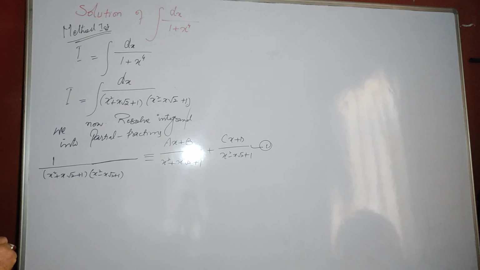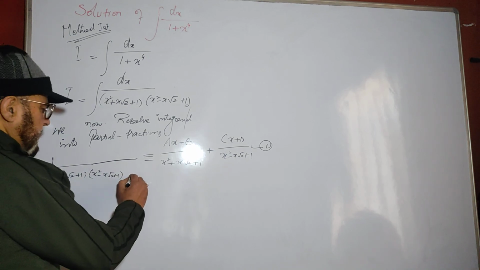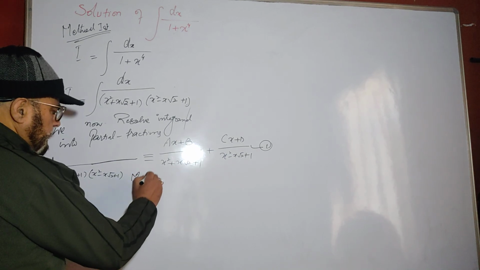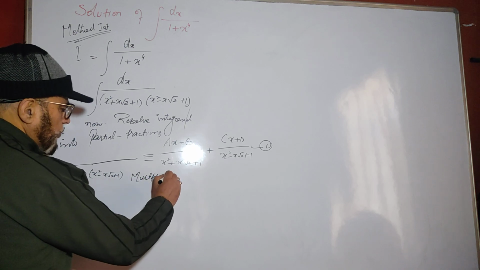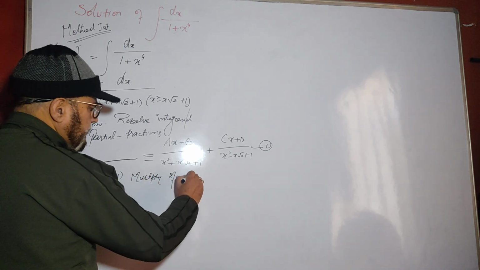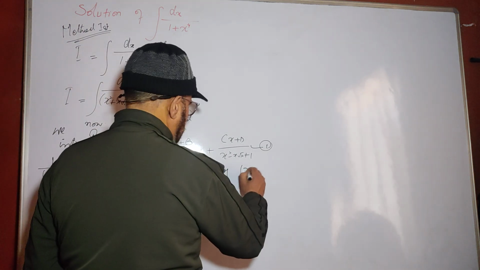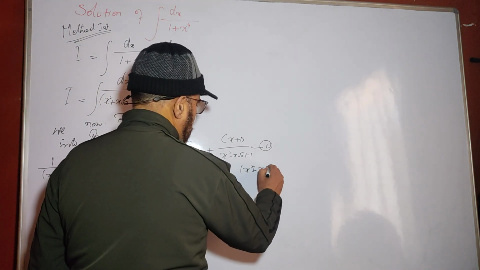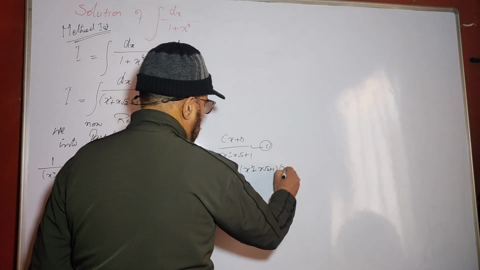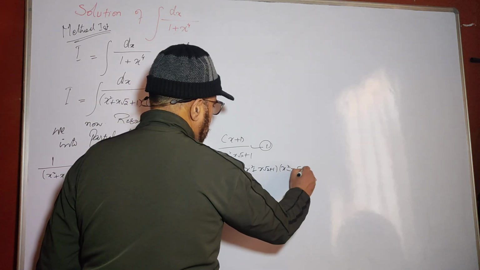Okay, so what we do is we multiply both sides by the LCM that we get here. It is x square plus x root 2 plus 1 into x square minus x root 2 plus 1.